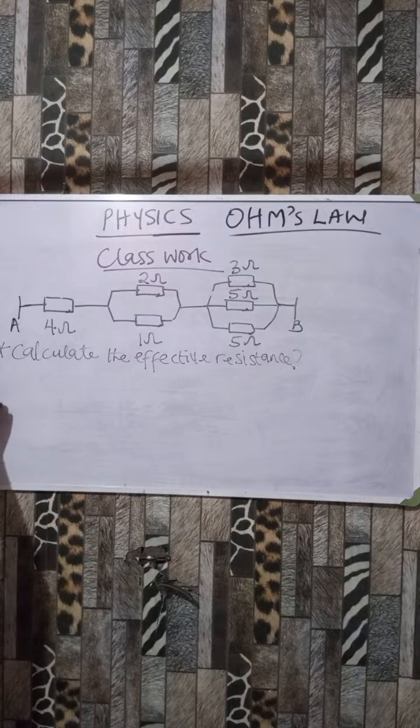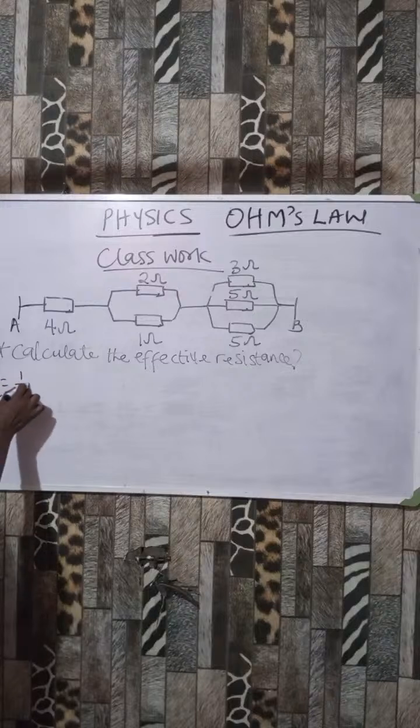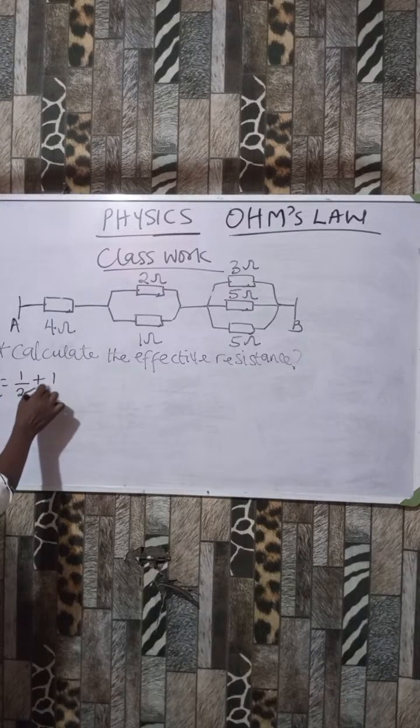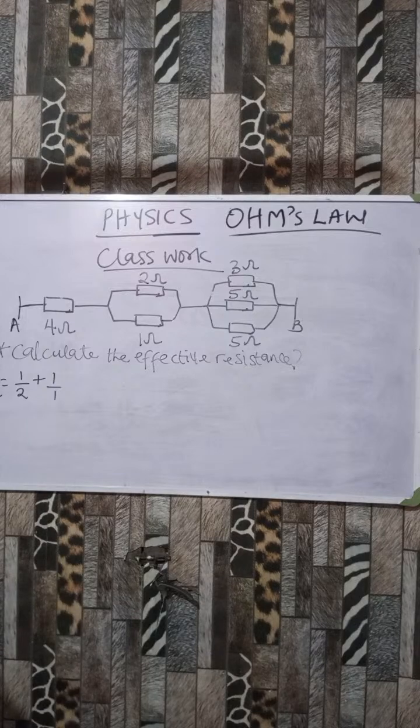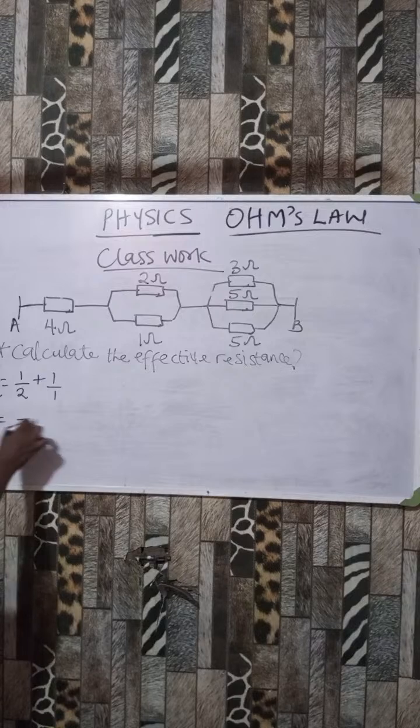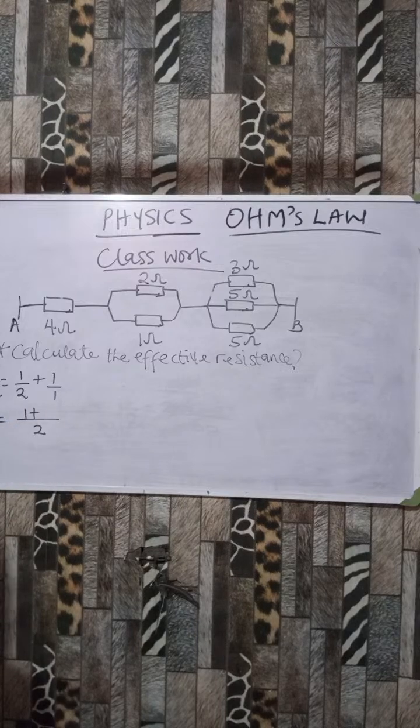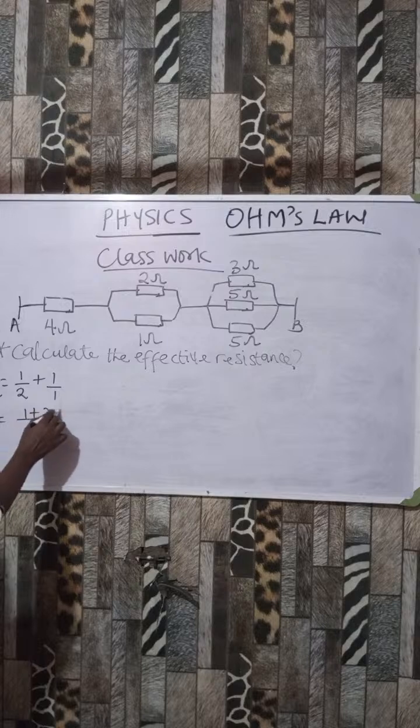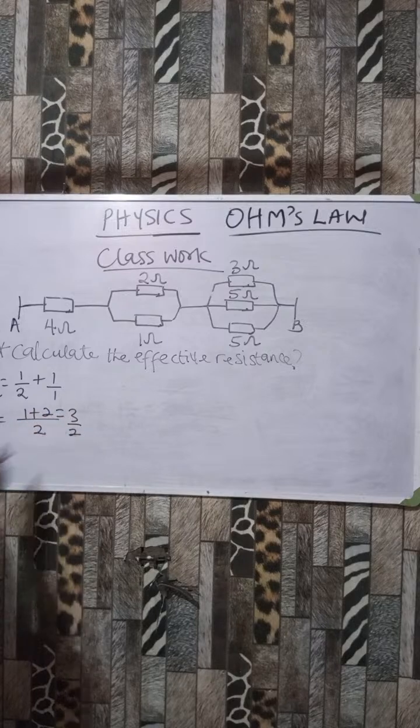We have 1 over R total, I'm going to solve for this one first, equals 1 over 2 plus 1 over 1, right? So the LCM is what? The LCM is 2. 2 into itself is 1. 1 times 1 is 1 plus 1 into 2 is 2. 2 times 1 is 2. That is 3 over 2.